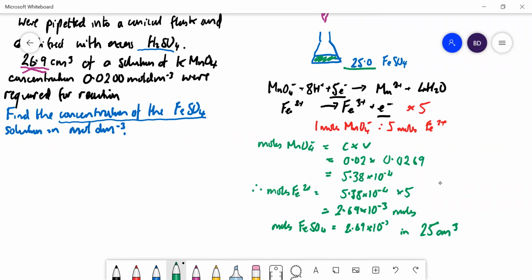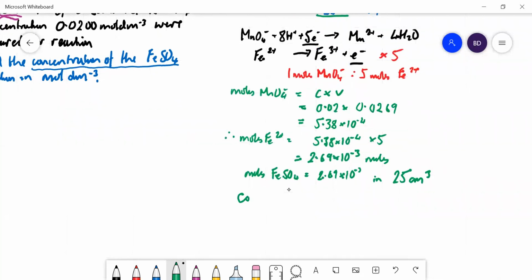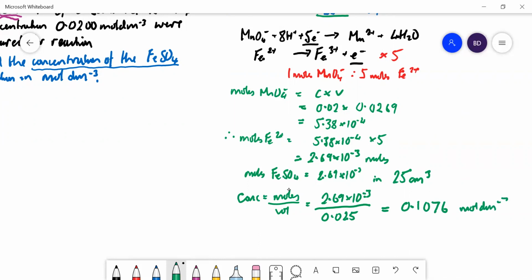So concentration is equal to moles over volume, which is 2.69 × 10⁻³ over 25 cm³, which is 0.025 dm³. Look at that. That gives us 0.1076 moles per dm³. I should give my answer to 3 significant figures because that's what most of the data is given to. So that's 0.108 moles per dm³ is the answer.